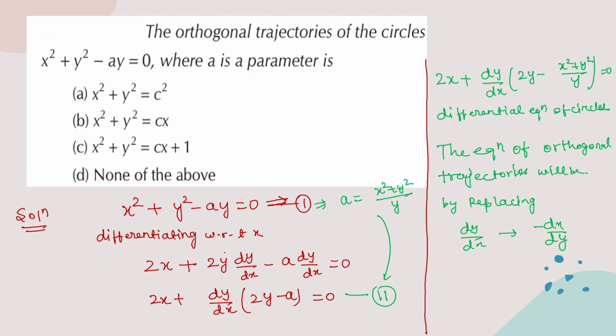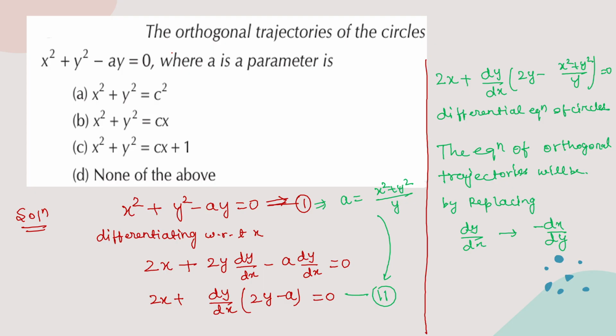Okay, let's write that. We will be getting 2x plus minus dx by dy into, and when you solve that bracket part, it was 2y.